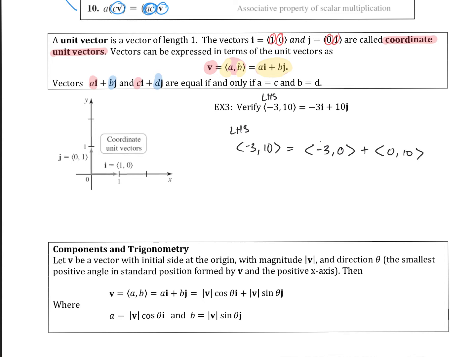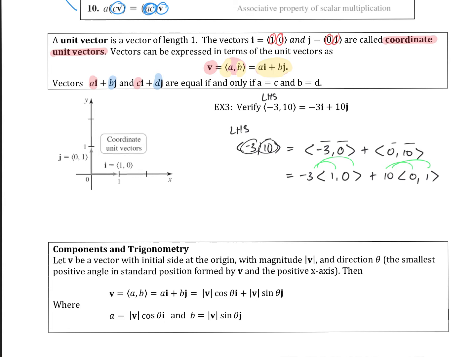Because if I just added the a values, I would get that -3, and if I added the b values, I would get that 10. So then this is the same thing as -3 times (1, 0), plus 10 times (0, 1). If I just multiplied that out, I would get what I had above.